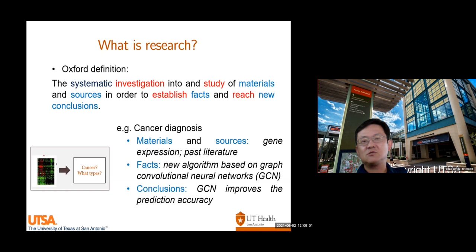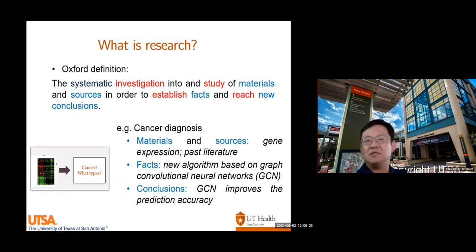It's just to know that it's some sort of a measurement of a human that reflects the state of human health. So we take the gene expression data and we want to predict the type of cancer. So in this particular case, the material and sources that we want to investigate and study are gene expression, particularly, right?